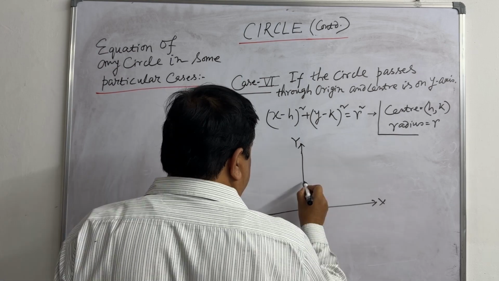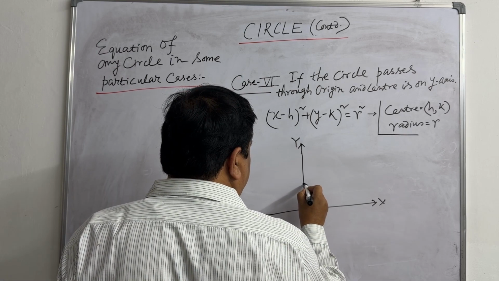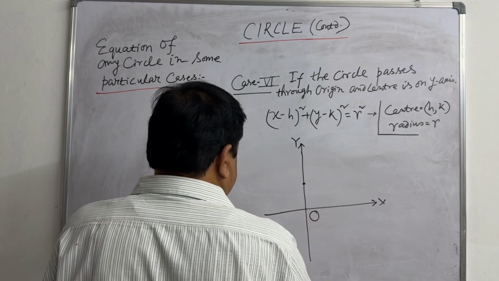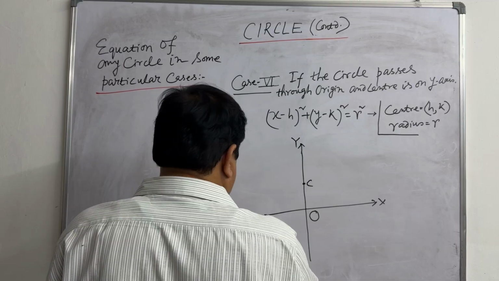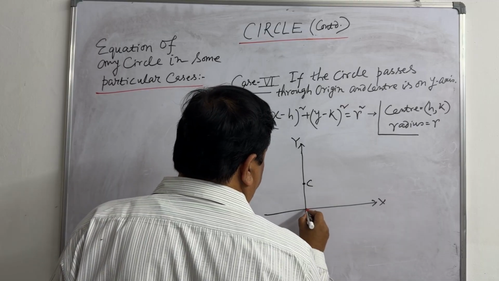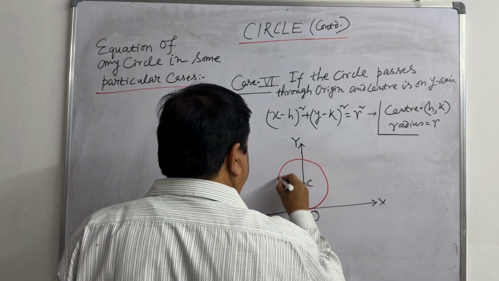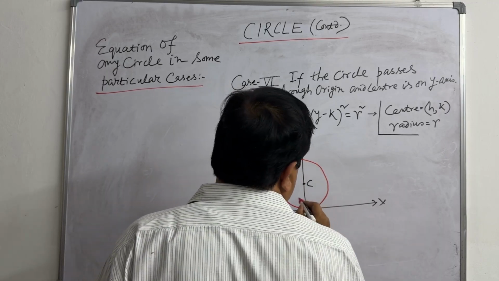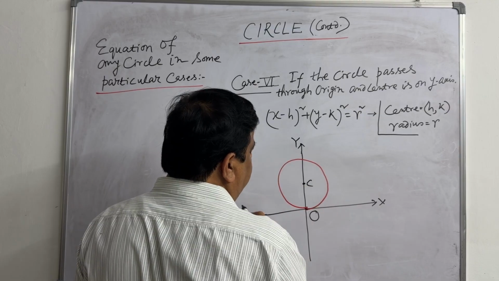Say here is your center of the circle, that is C. So this will be the circle. What is the coordinate of C?